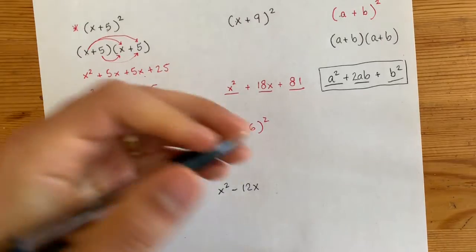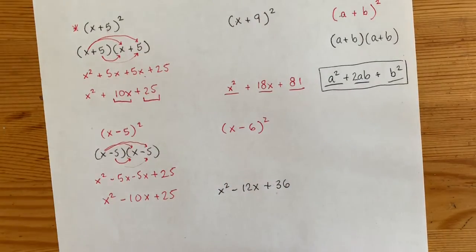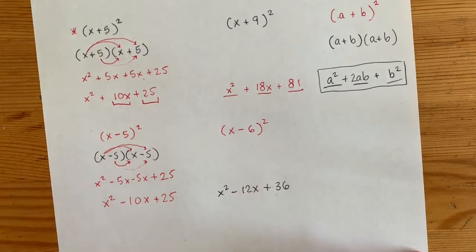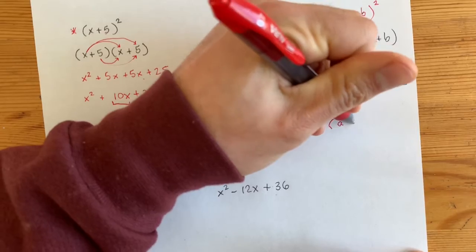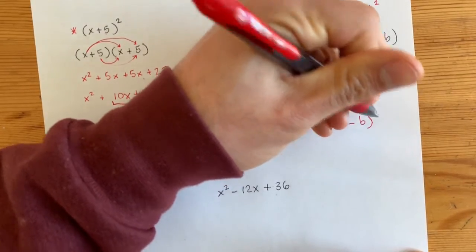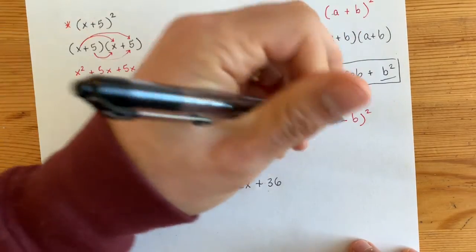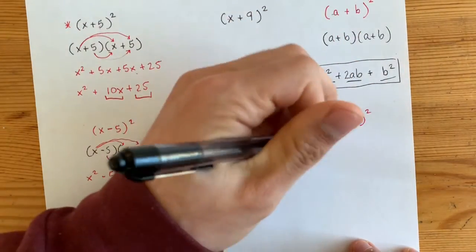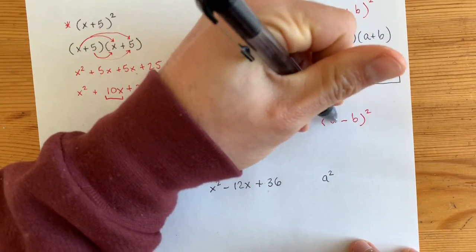And then minus 6, when it gets squared, becomes a positive 36. So I just went with the shortcut. And then if I just did this as generic a and b, a minus b squared, then when I do this in the formula, it would be first the a squared, then this and this doubled.